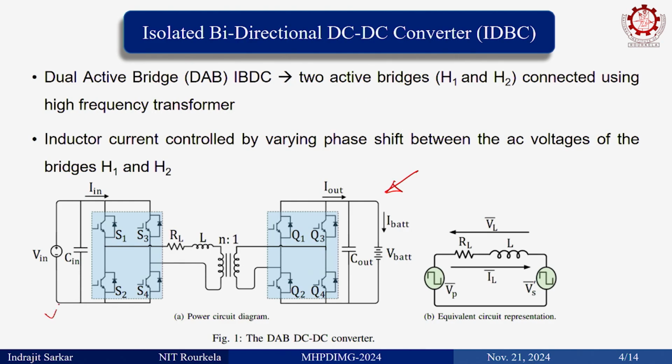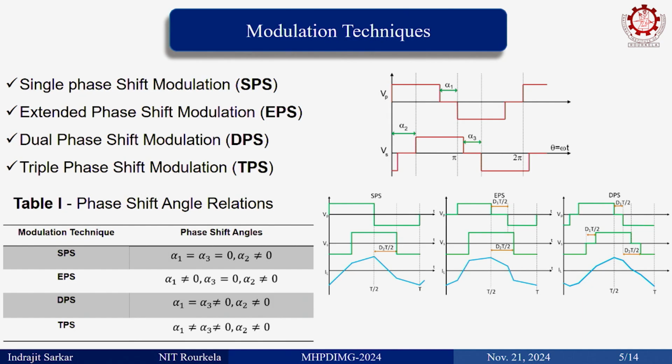Here you have DC voltage input, DC voltage output, with a battery connected at the output. There is a high frequency transformer link, an active bridge here, active bridge here. Using these modulation schemes, you can run the DAB converter, and then you can see in which modulation scheme you are able to control or maintain the output voltage here.